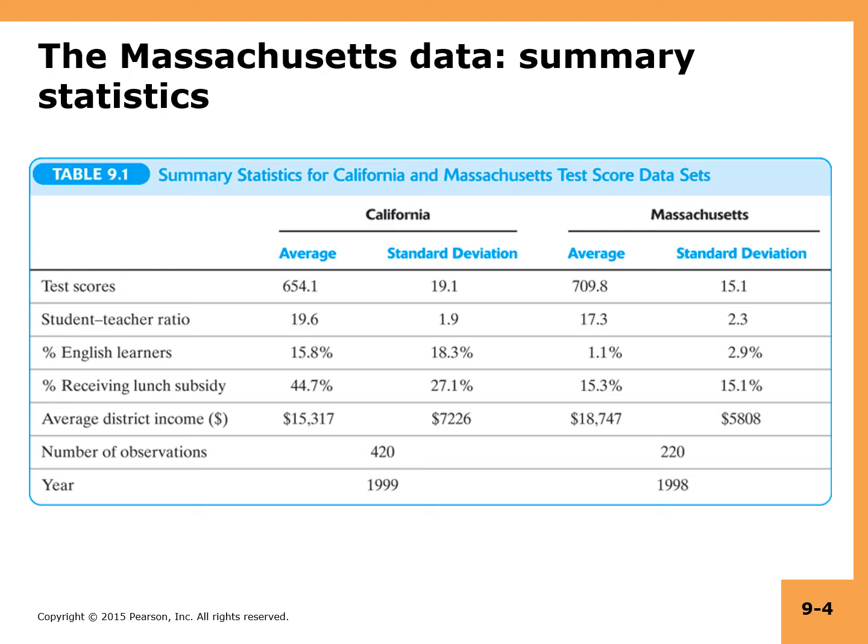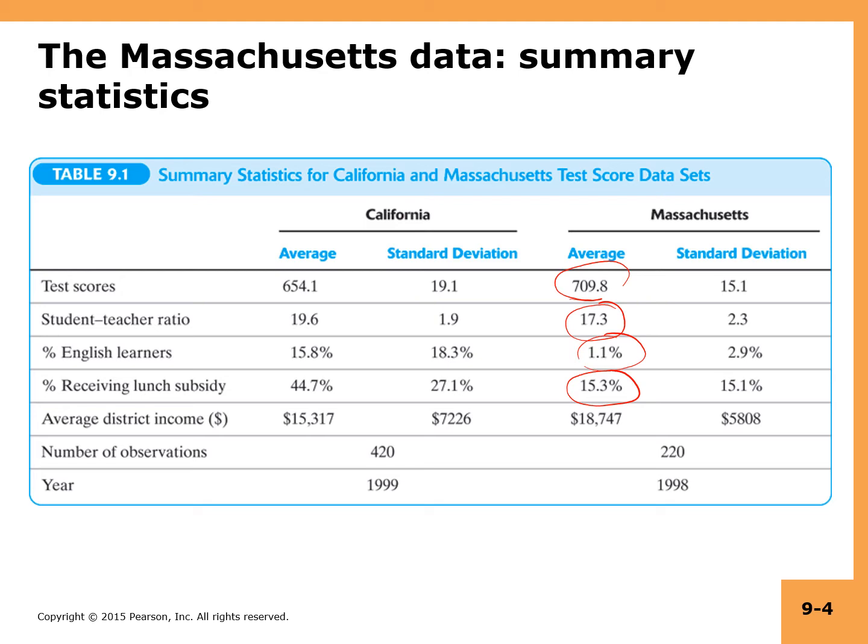You can see that the average test score of the student is higher in Massachusetts, and the student-teacher ratio is lower. The percentage of English learners is much lower, and the percentage of receiving school lunch subsidy is also much lower too.